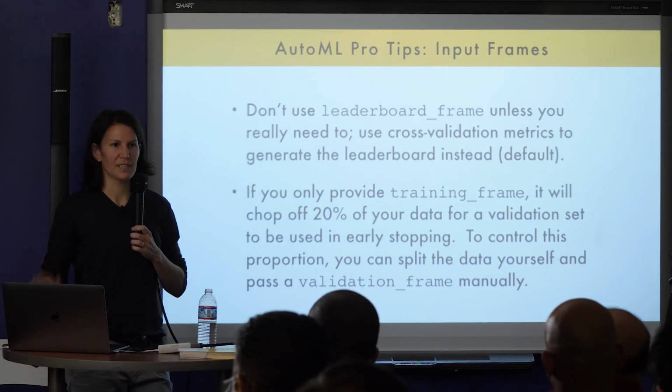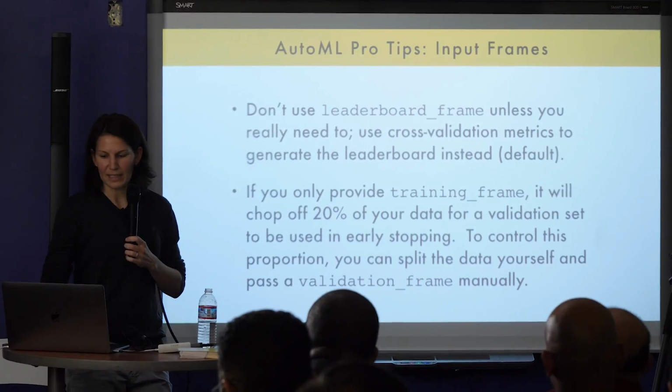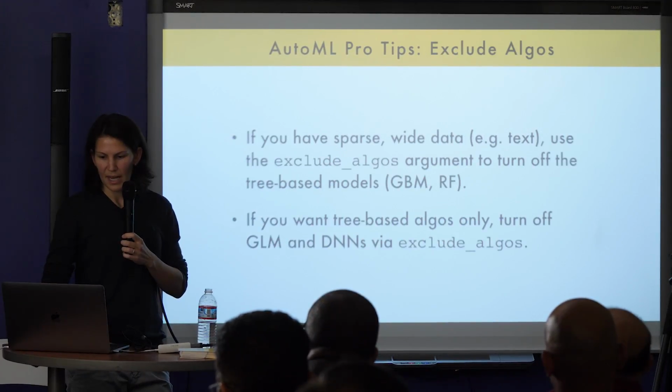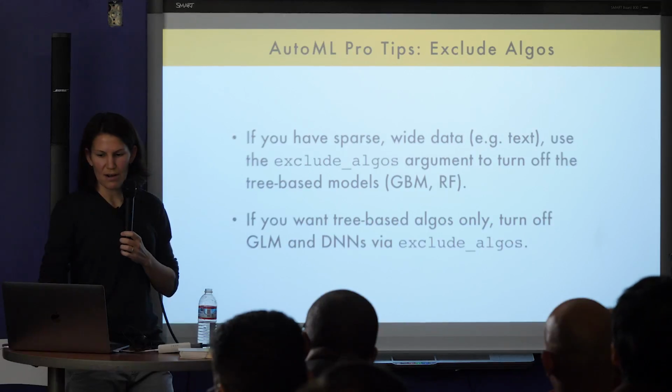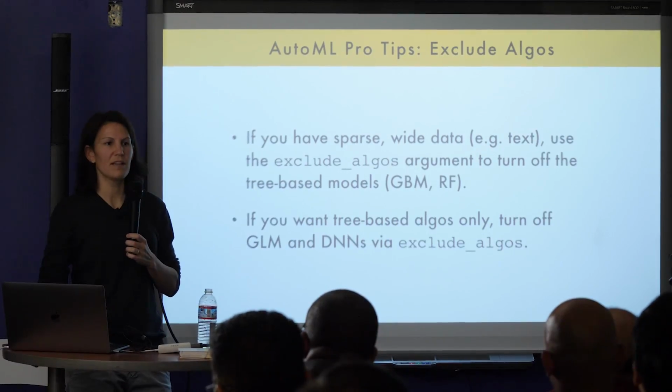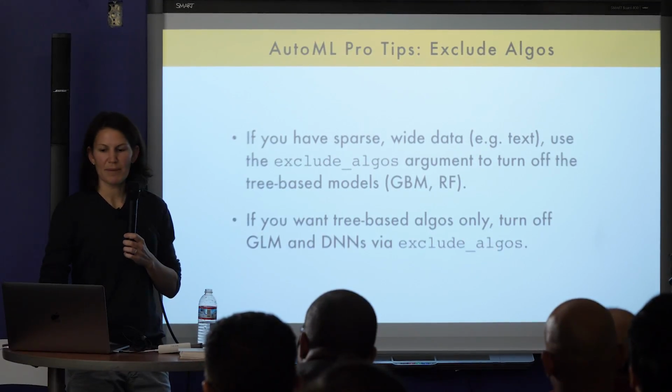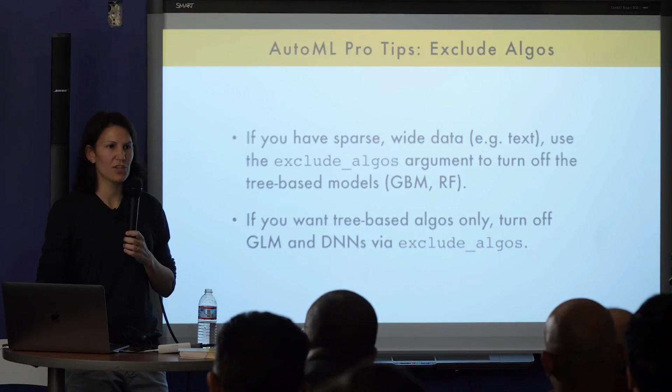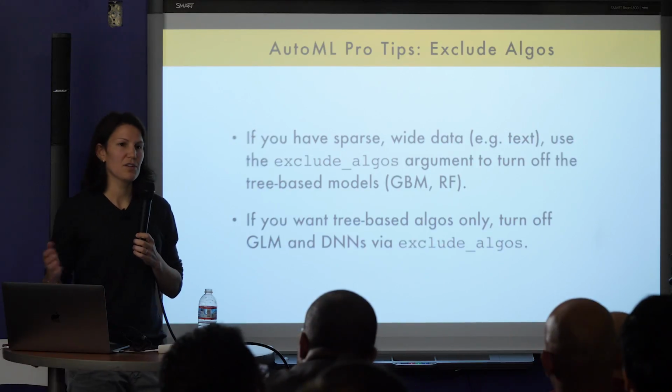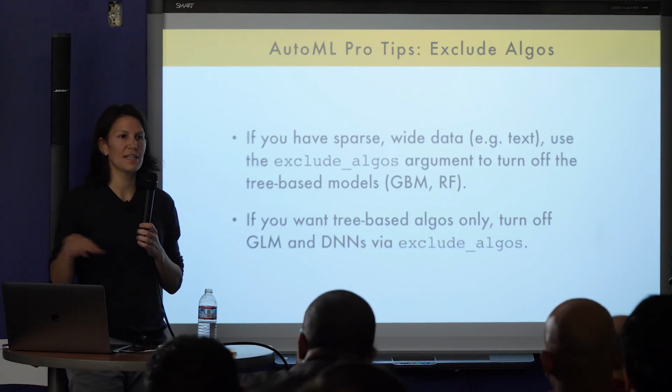So just so you know, that's happening automatically under the hood. And right now we'll just train all the models that we have in AutoML. If you're a more sophisticated user and you have a preference for certain algorithms, you can turn different algorithms on and off.